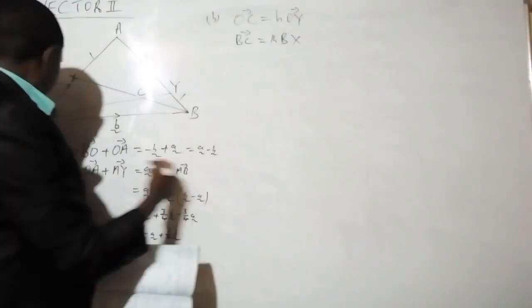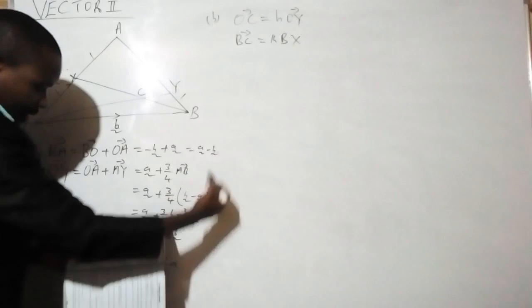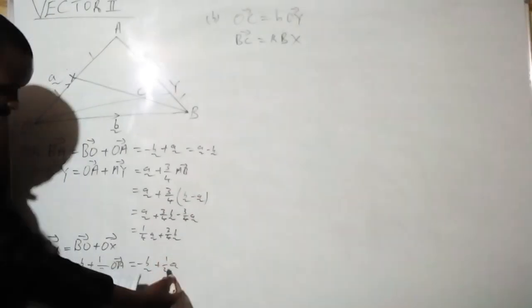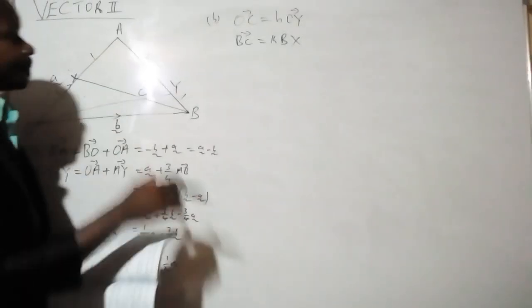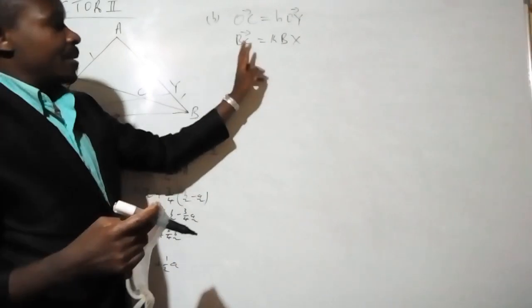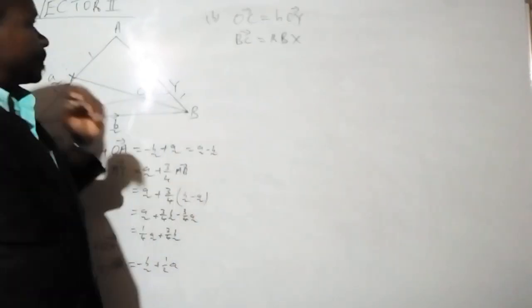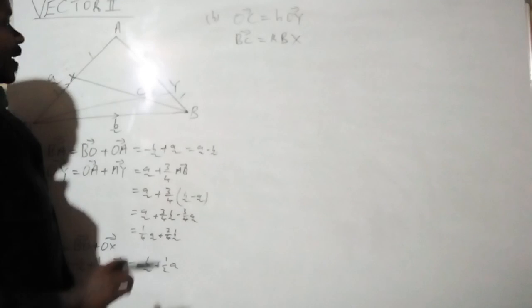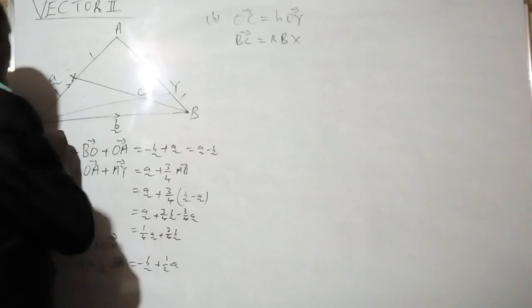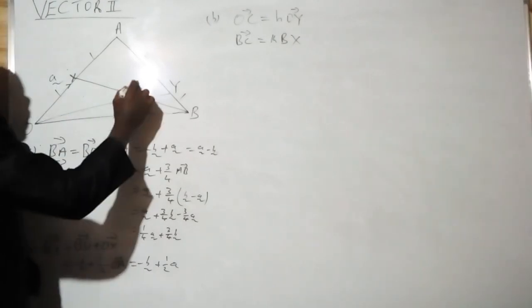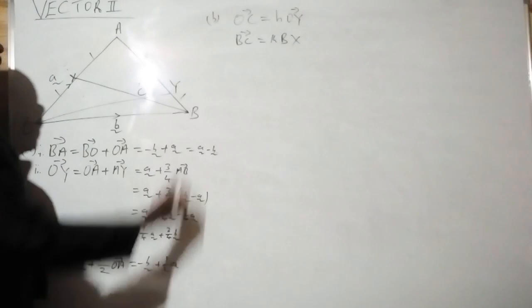This was 1 mark. We had 2 marks, and this is 1 mark. Then the marks are on part B, and it's simple. We are going to come here. Why is OC? OC is here. OC is there. Why is BC? BC it's there.